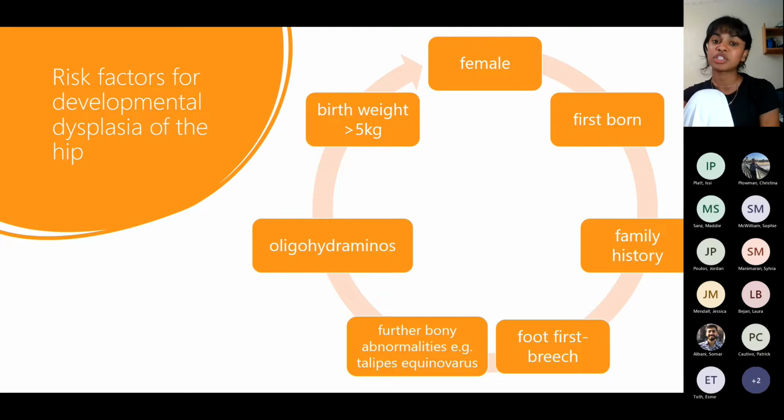Does anyone know what kind of imaging we do if we suspect this, and management as well? Let's start with imaging. Ultrasound, yeah, so ultrasound is one option. Does anyone know what that depends on?